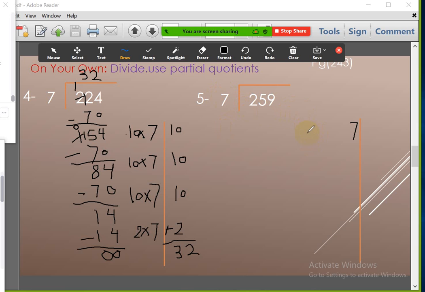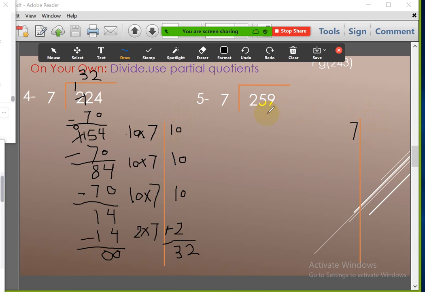Which number will I choose? 10. Okay, look, girls. Because in this example I chose only 10, how many steps do I have to do to find the quotient? 1, 2, 3, 4 steps. So it will take a long time. So I will choose a number greater than 10.